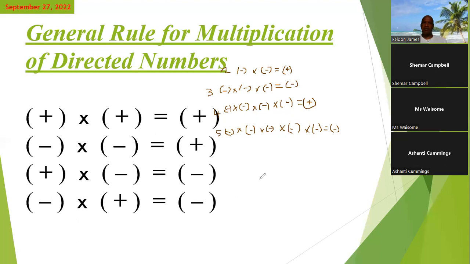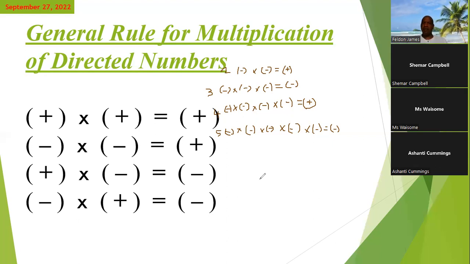If you multiply 2 negatives, you get positive. If you multiply 4 negatives, you get positive. Suppose you multiply 6 negatives, what are you going to get? Positive.